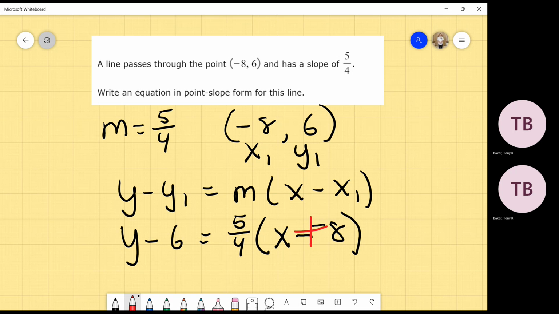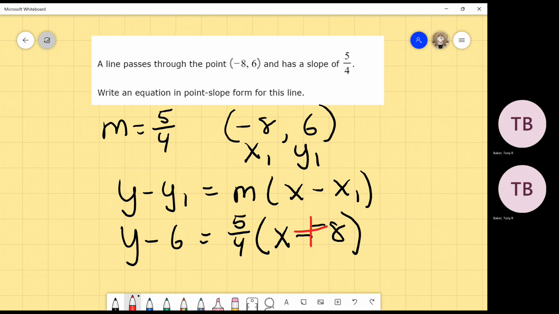Which step did you mix up on? Where it says y minus y1. Yep. And below it.